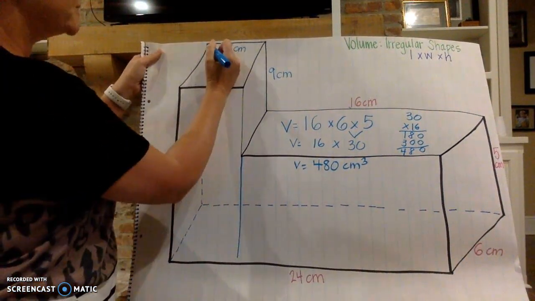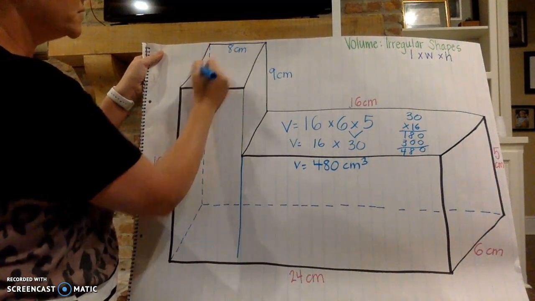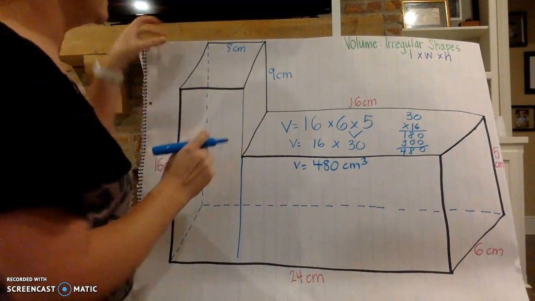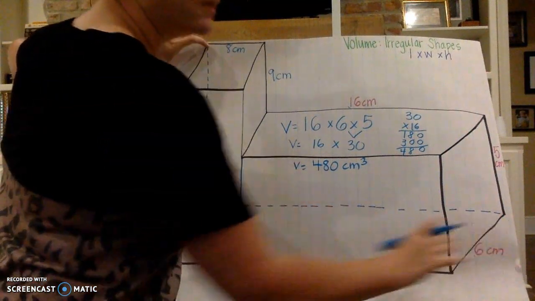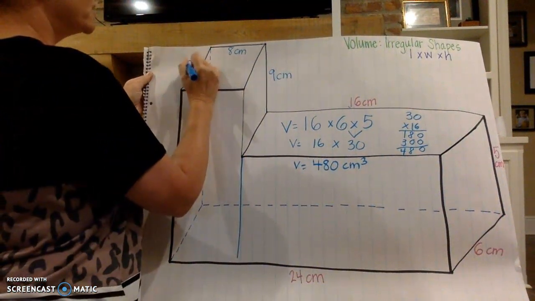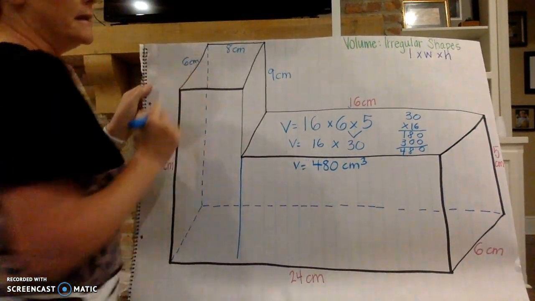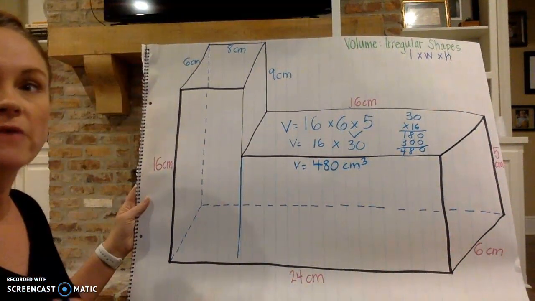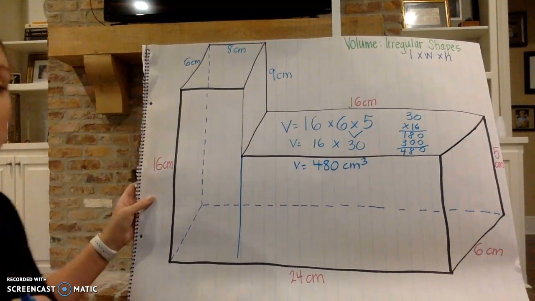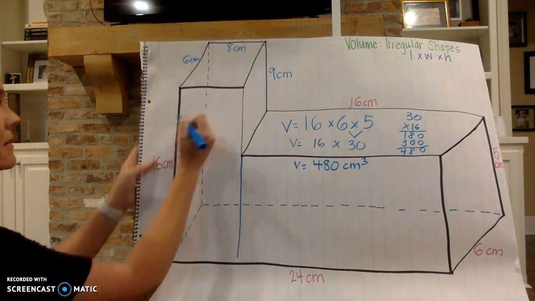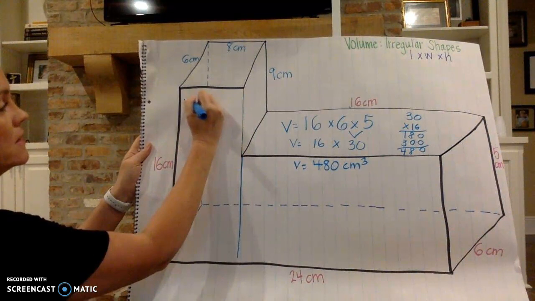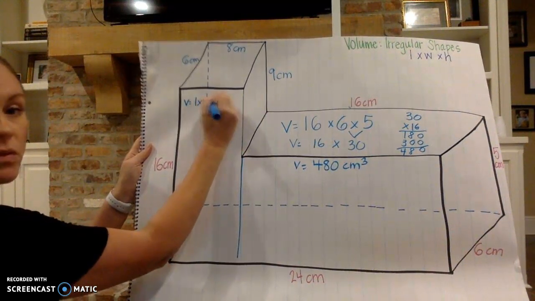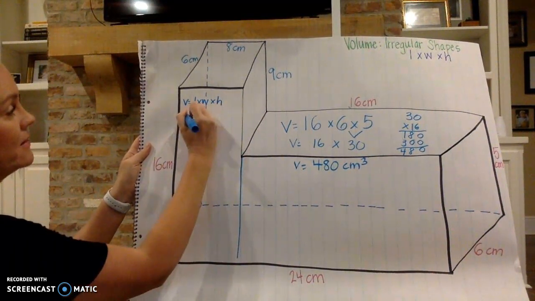Now, this side right here, I don't really have any numbers to use, but I can visually see that this length and this length are the same. So this is also 6 here. Now I have everything that I need to find the volume of my shape. Okay, so I know that again, the formula is length times width times height.